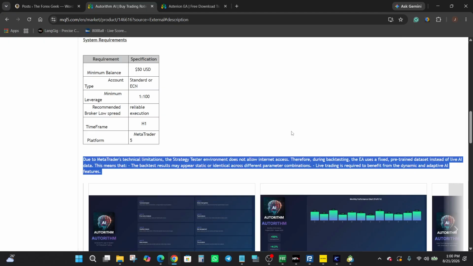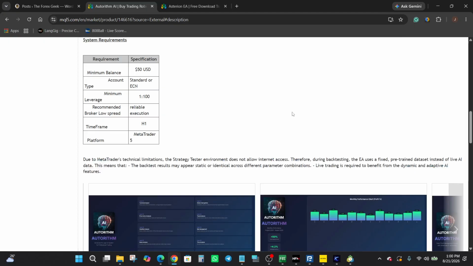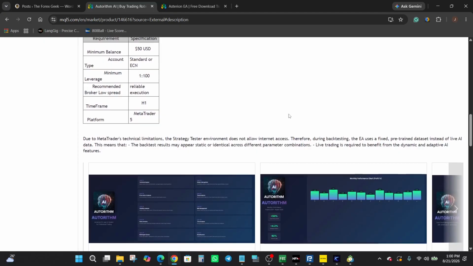Instead, the backtest uses a fixed pre-trained data set. According to the listing, this means that backtest results may appear static or identical across different parameter combinations, while live trading is required to benefit from the dynamic and adaptive AI features claimed by the developer.